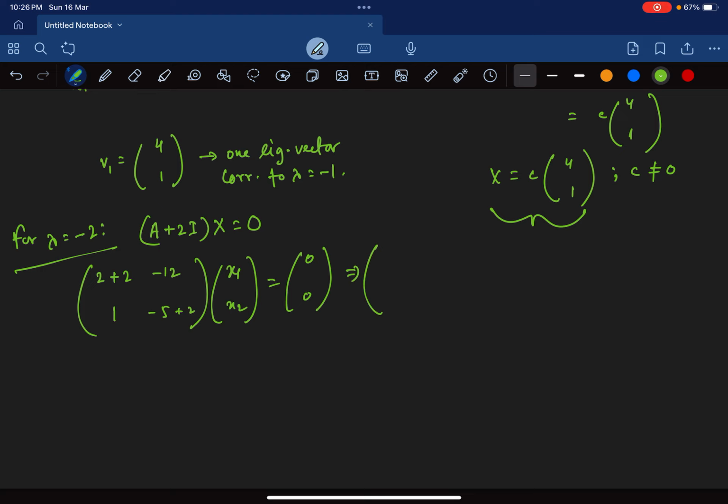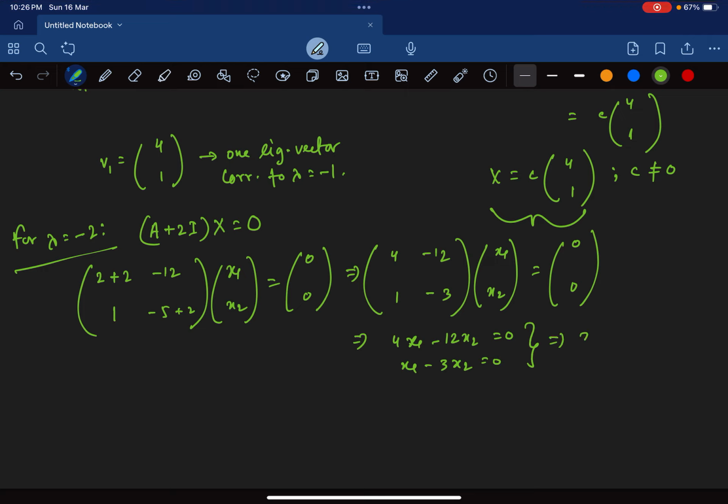Further, 4x1 − 12x2 = 0 and x1 − 3x2 = 0. Both imply x1 = 3x2.